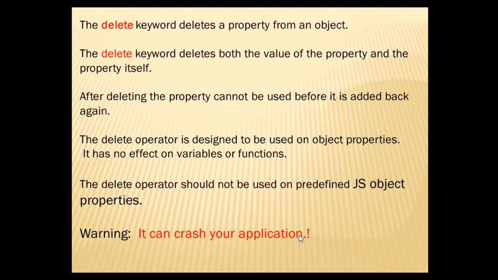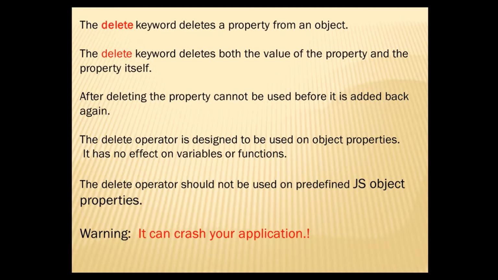Now the delete keyword deletes a property from an object. The delete keyword deletes both the value of the property and the property itself. After deleting, the property cannot be used before it is added back again. The delete operator is designed to be used on object properties, and it has no effect on variables or functions.